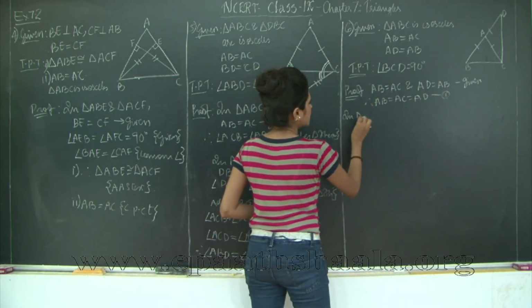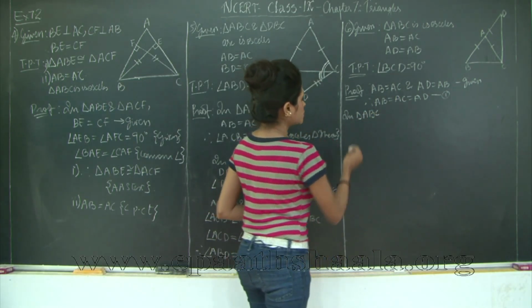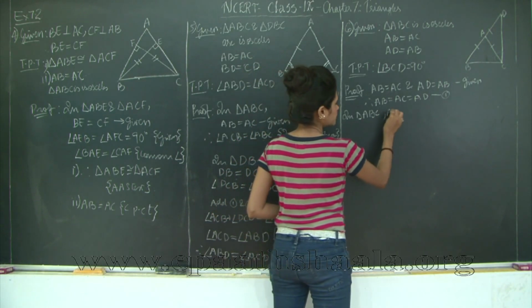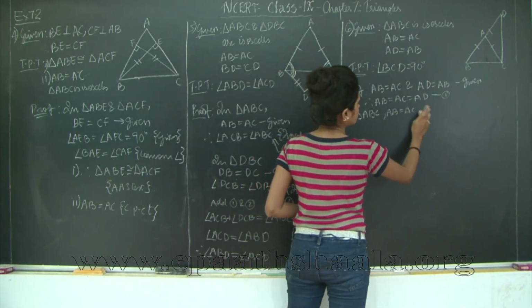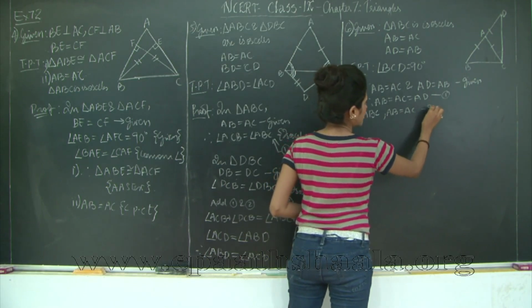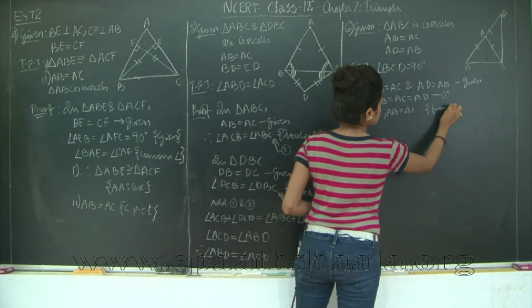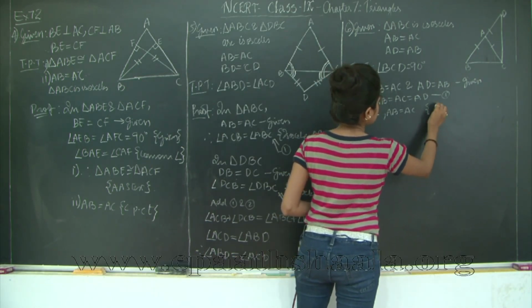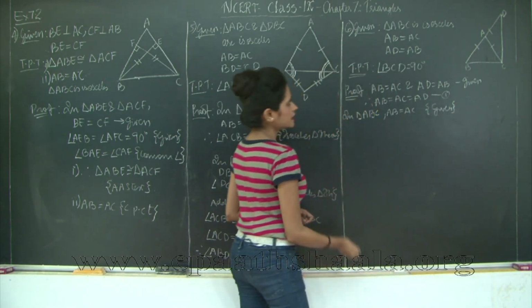Now in triangle ABC, I have AB is equal to AC. This is given, or you can say from 1 also. Since it's already given, I'll say given. Therefore, what do I have?